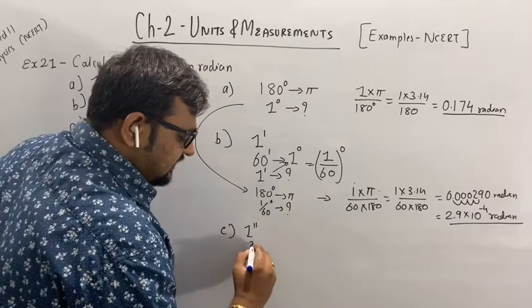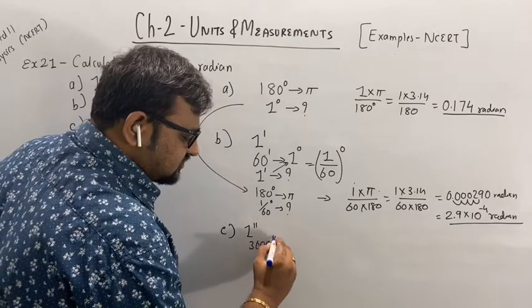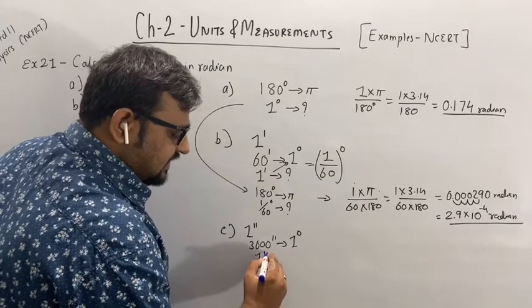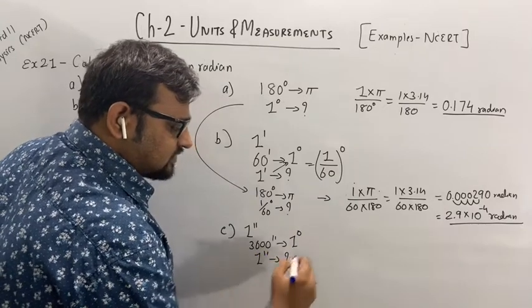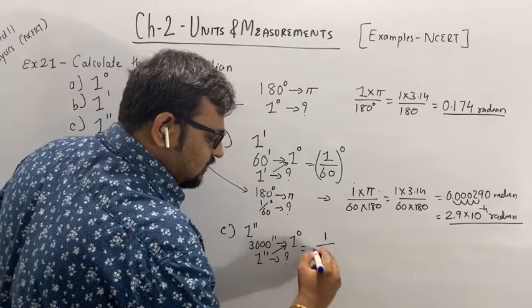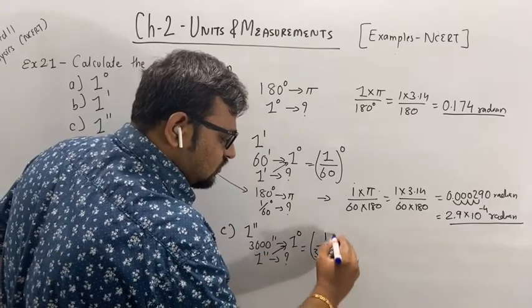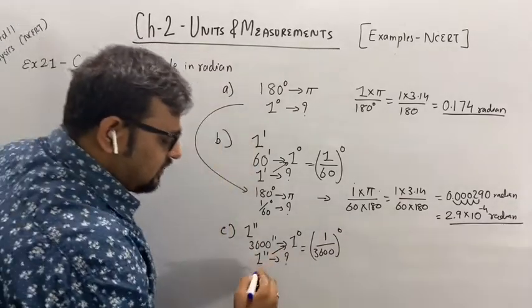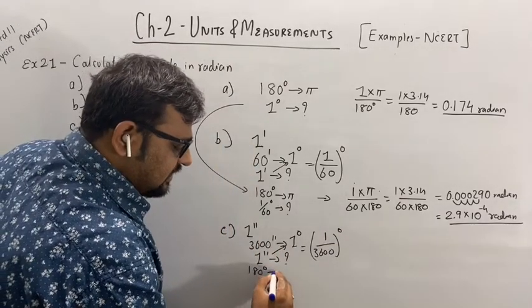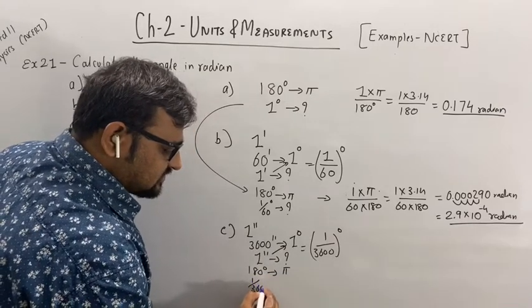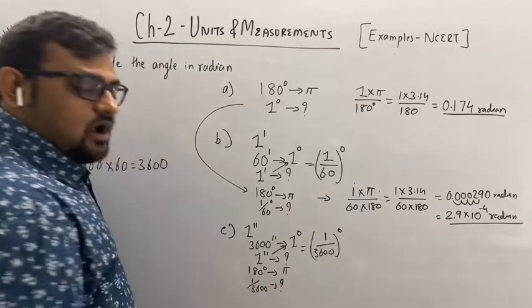So 3600 seconds is 1 degree, 1 second, how much? It is 1 upon 3600 degree. Now again, 180 degree is pi radian, 1 upon 3600, how much?